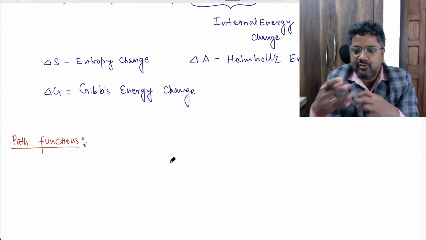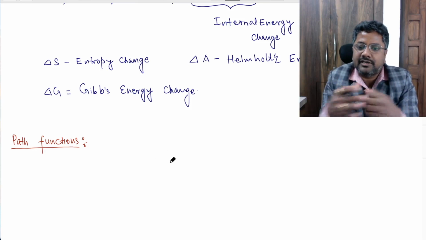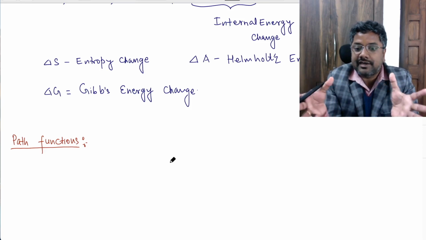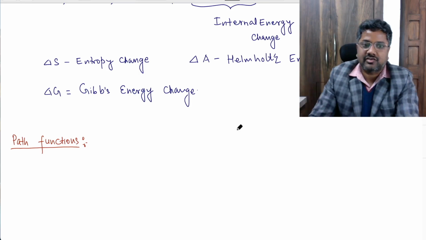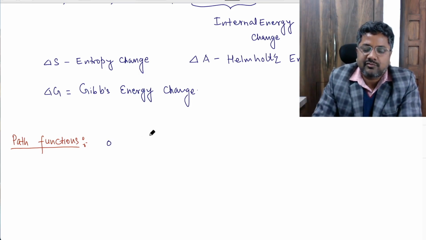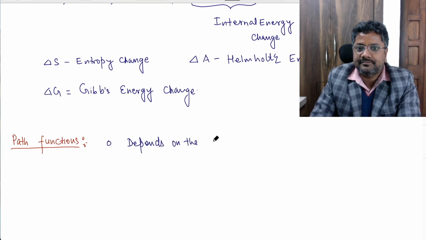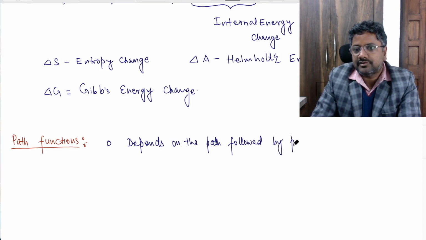In both cases, if the property depends on the path, so if it is different, then you can say this is a path function. So the first point is, path function depends on the path followed by the process.